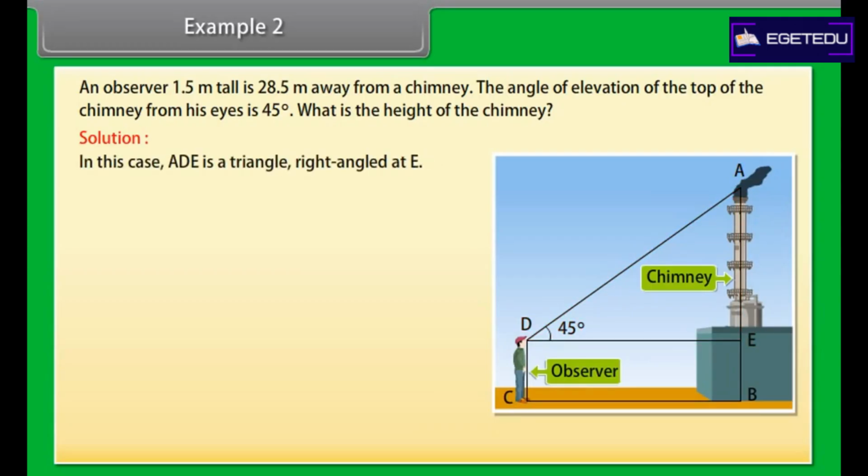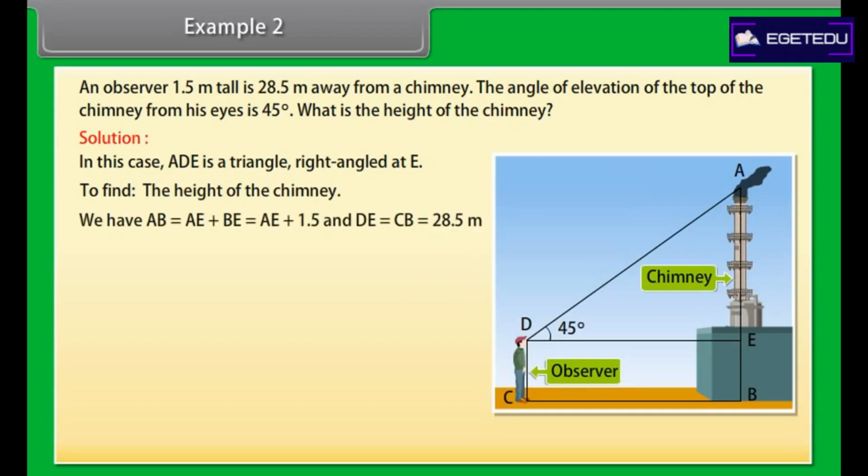In this case, ADE is a triangle, right-angled at E, and we are required to find the height of the chimney. We have AB equals AE plus BE equals AE plus 1.5, and DE equals CB equals 28.5 meters.